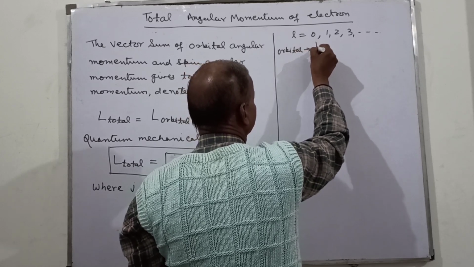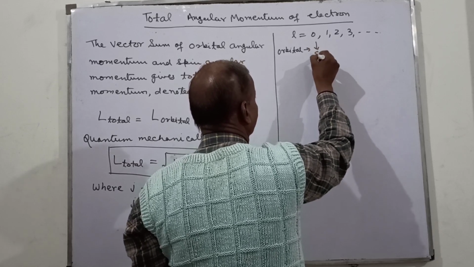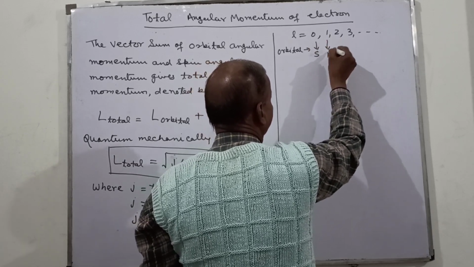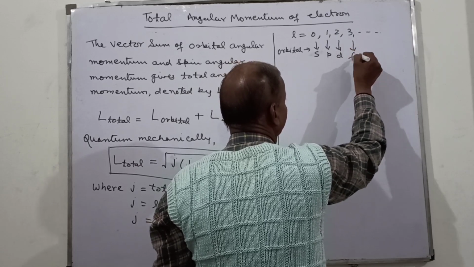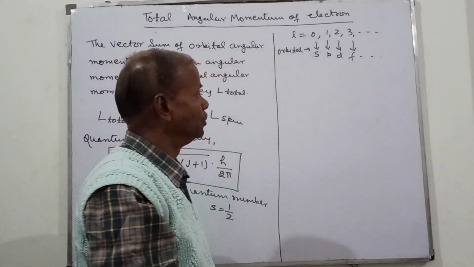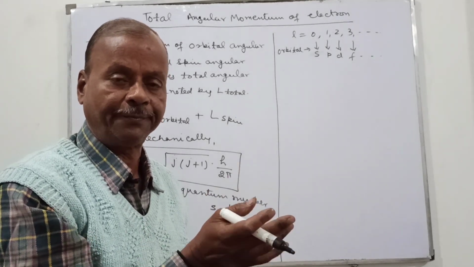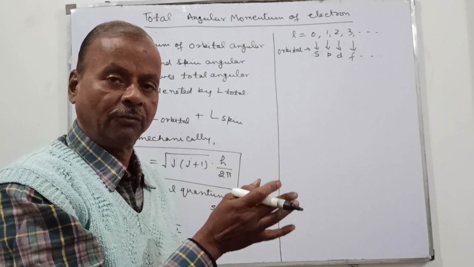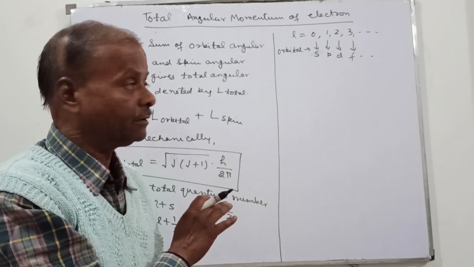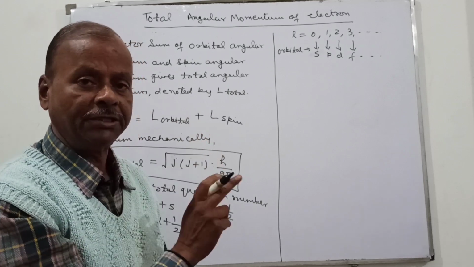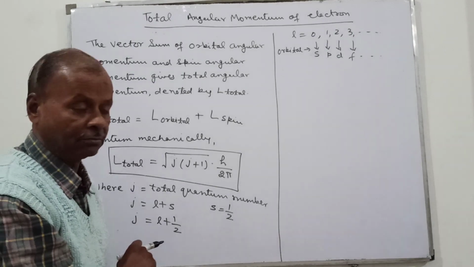For S orbital, L is equal to 0, for P orbital, L is equal to 1, for D orbital, L is equal to 2, and for F orbital, L is equal to 3. Now we put these values here, then we can find this L total.